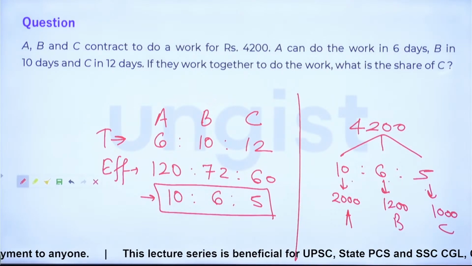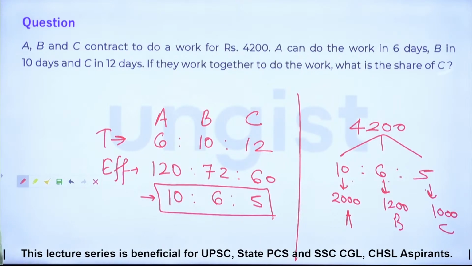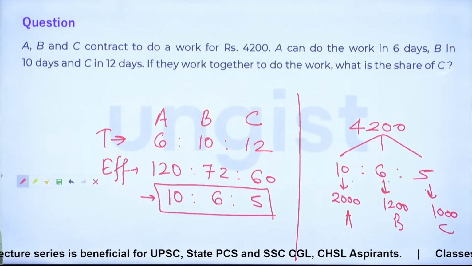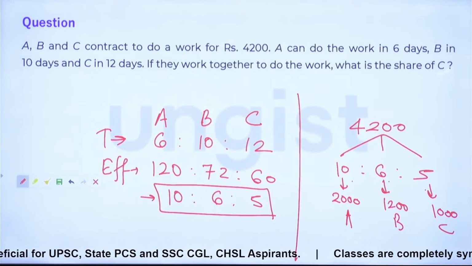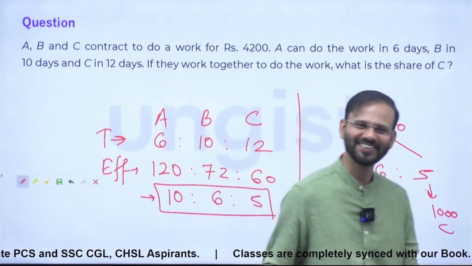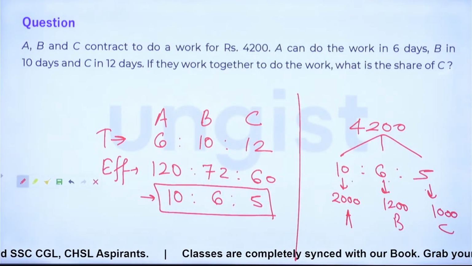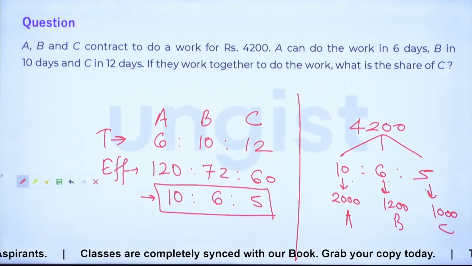क्या फिर से बोलिए? हाँ हाँ वो कर सकते थे, बिल्कुल कर सकते थे, वो मेरी गलती है. इसके लिए मैं माफी चाहता हूँ. Yes, everybody fine now, right? Okay. Nice, clear?